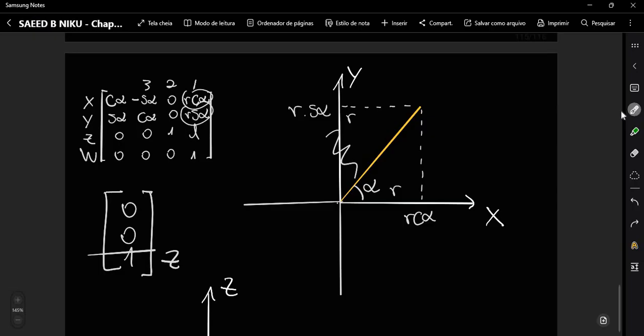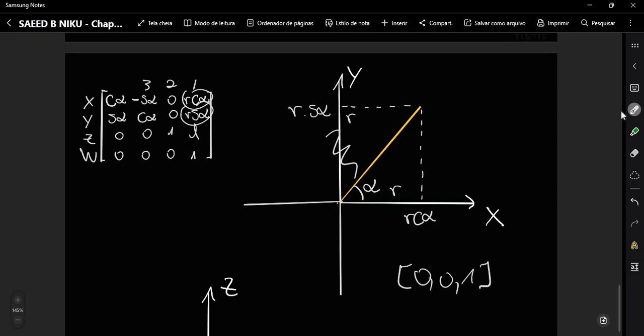So I don't know exactly why these coordinates, but as I'm explaining right now, something like this, I don't know exactly.